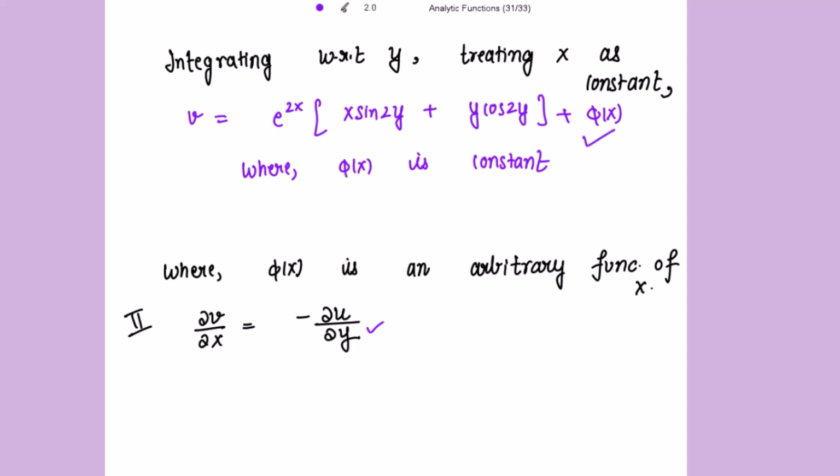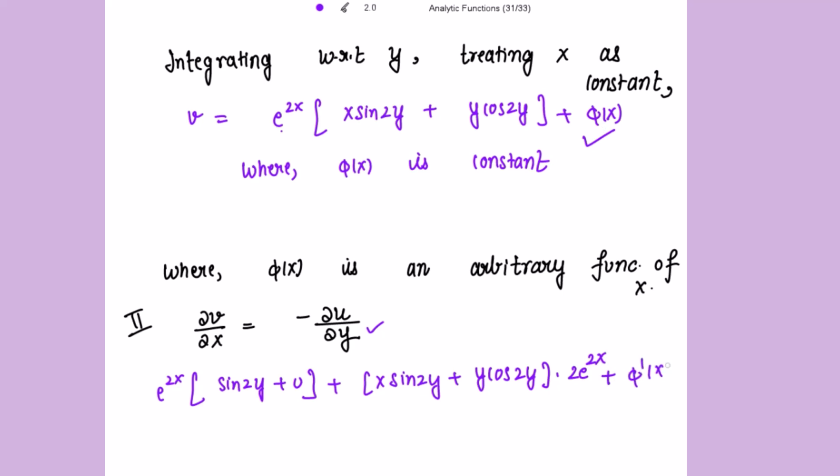Differentiating, this gives first function, differentiation of the second one, that is sin 2y, which is 0, plus second function (x sin 2y plus y cos 2y) into differentiation of the first function, that is 2e to the power 2x, plus phi dash x, because differentiation of phi(x) with respect to x is phi'(x).